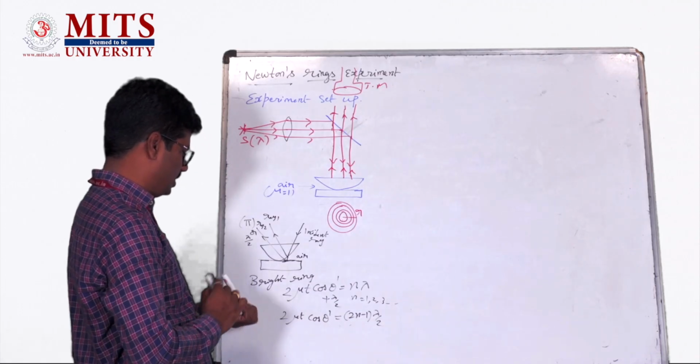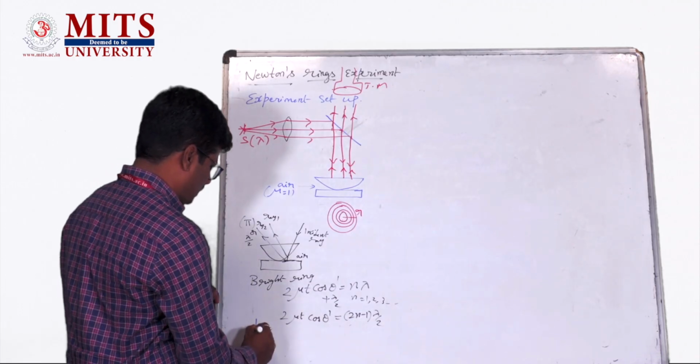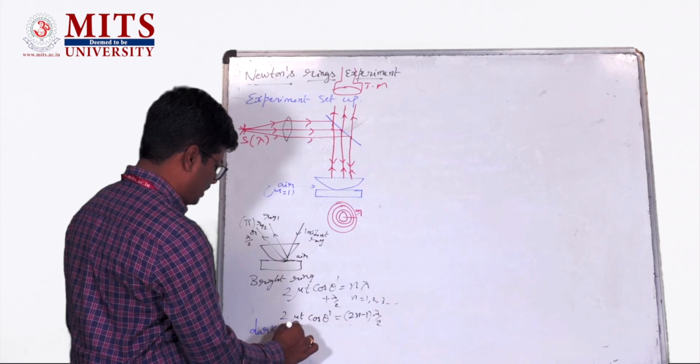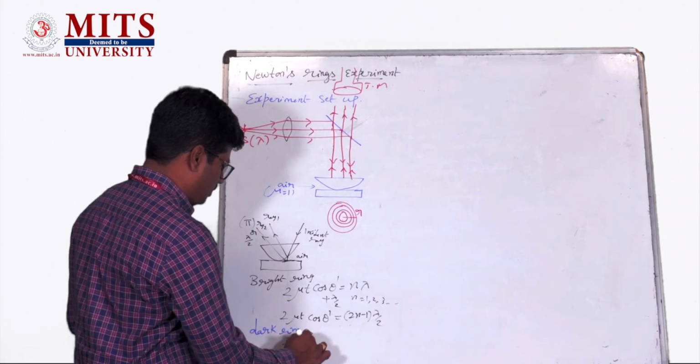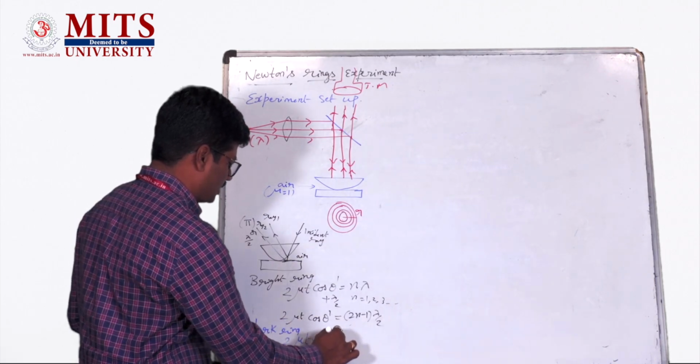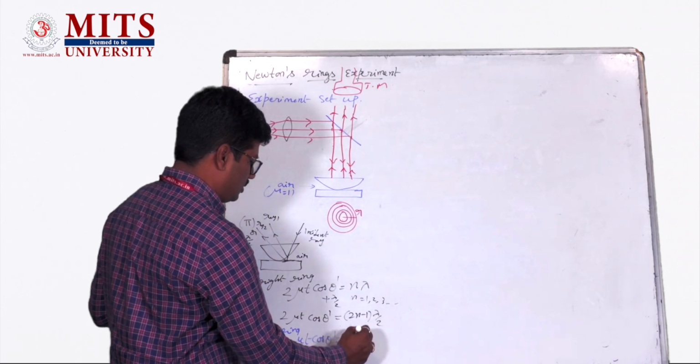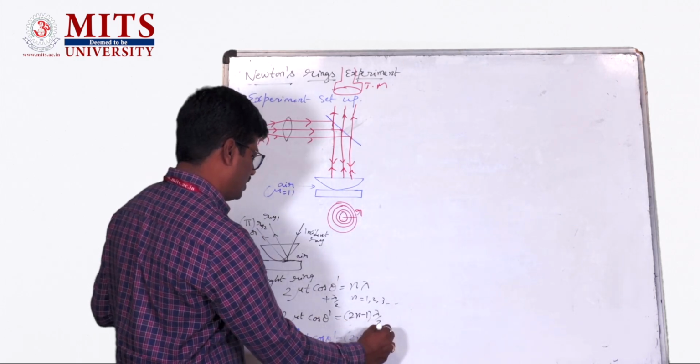If you take a dark ring, the dark ring condition is 2 mu t cos theta dash is equal to (2n minus 1) into lambda by 2.